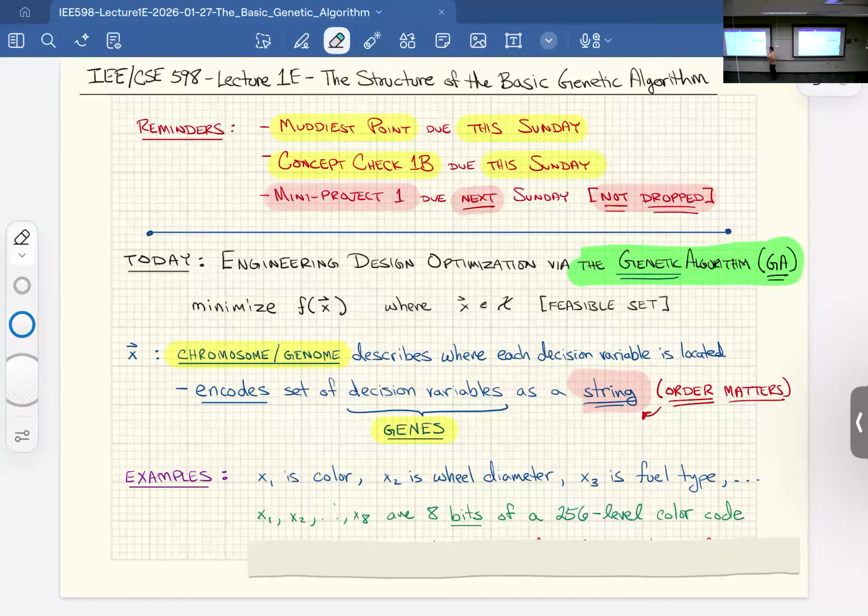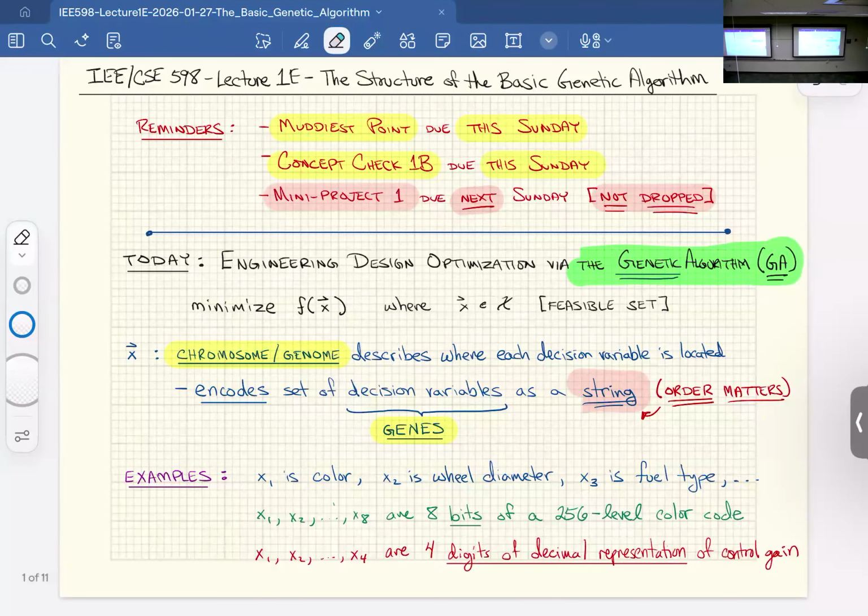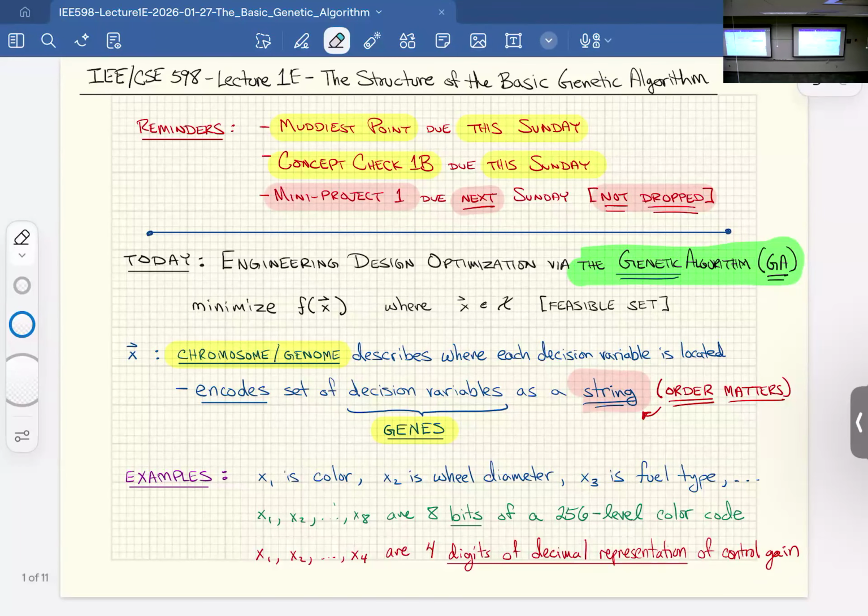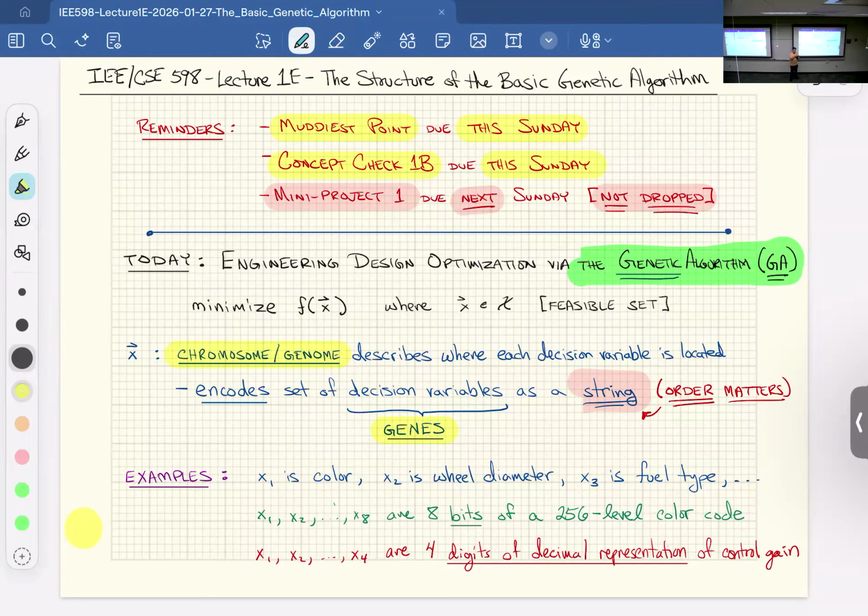So there we go. This is going to be like your mini project one. You could have a decimal, so you could have the number 0.1356, where this might be x1, this might be x2, this might be x3, and this might be x4.